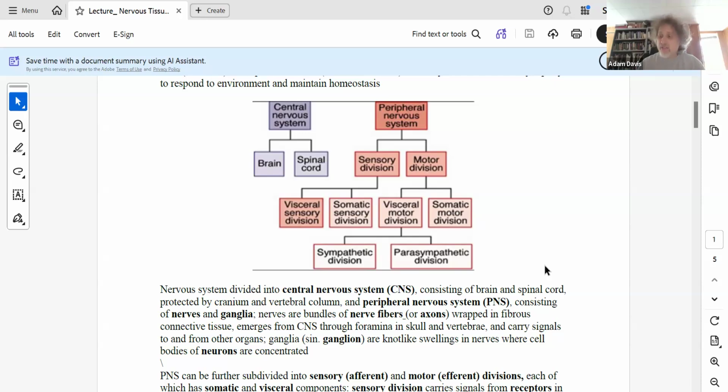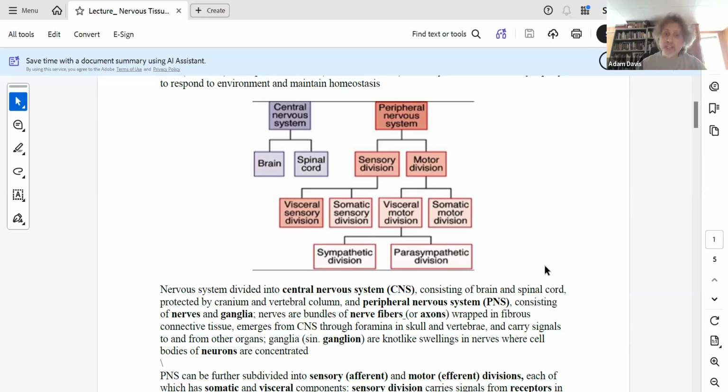Now, the sympathetic division, also referred to sometimes as the sympathetic response, is sometimes called more colloquially the fight or flight division. This is the response of the autonomic nervous system that activates when the body needs action.